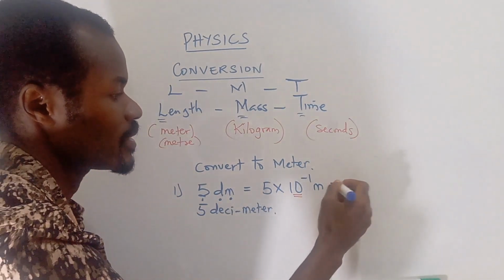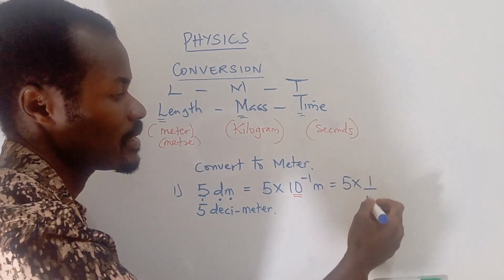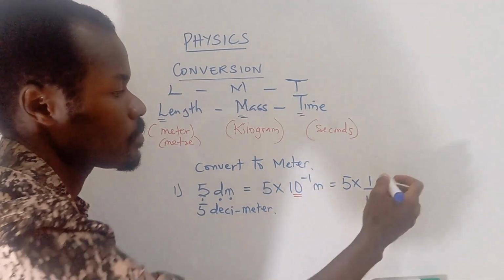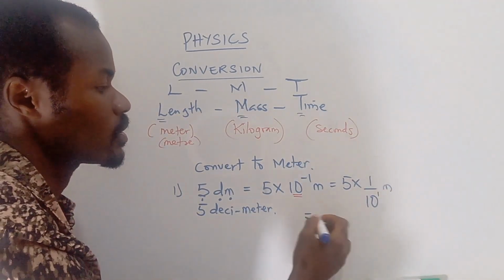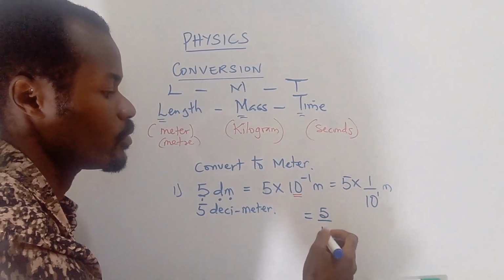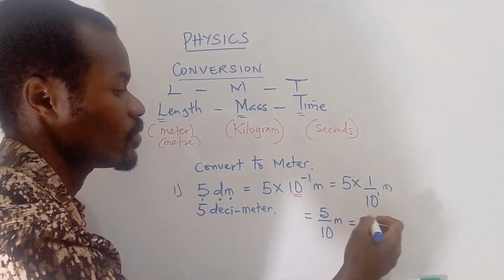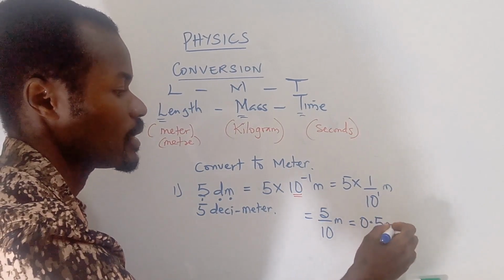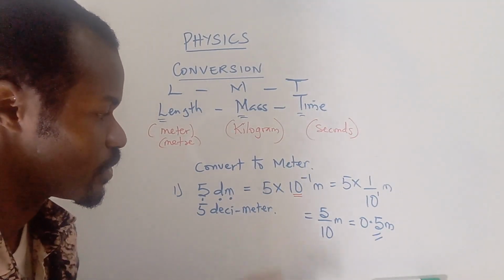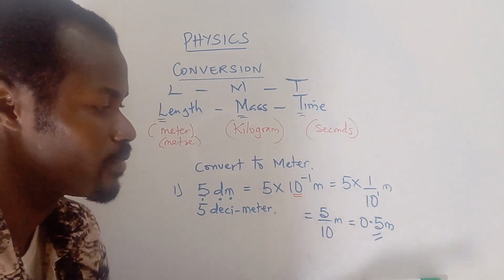This is 5 times 1 over 10 raised to the power of 1 meter. So this will give us 5 times 1 is 5, divided by 10 raised to the power of 1, which is 10 meter. If you divide this, it is going to give you 0.5 meter. So 5 decimeter simply is 5 times 10 raised to the power of minus 1 meter, or we have 0.5 meter.